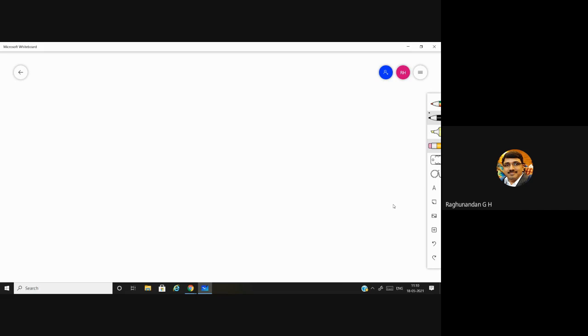But coming to the transformer coupled class A amplifier, we are having a transformer where the primary of the transformer is going to act as a resistance.